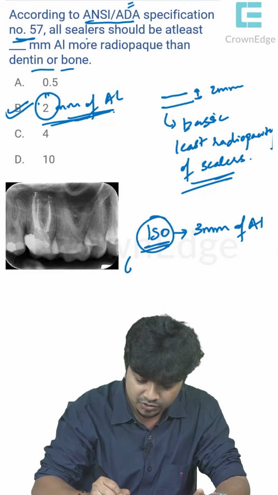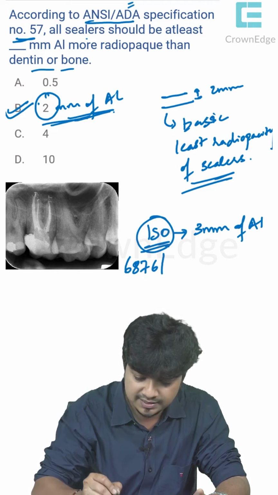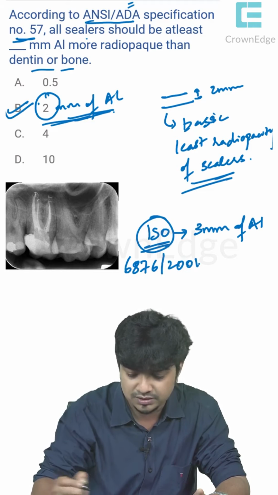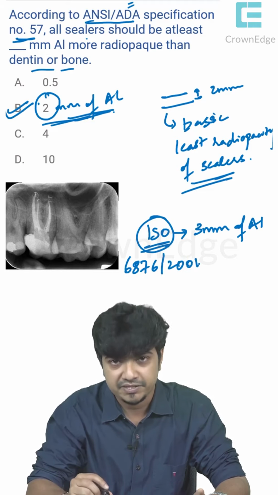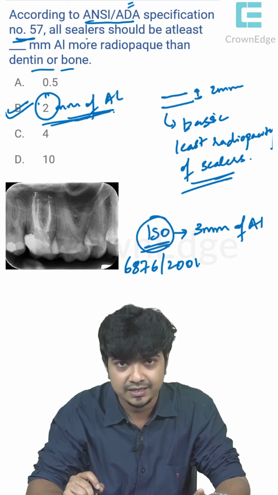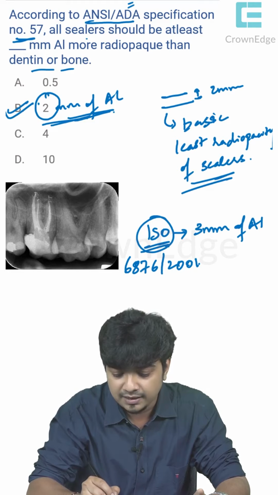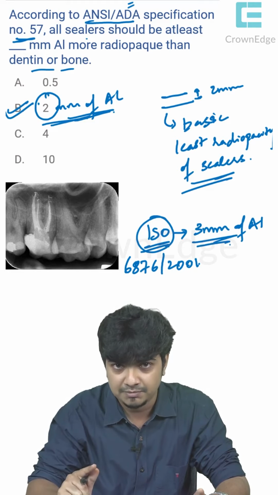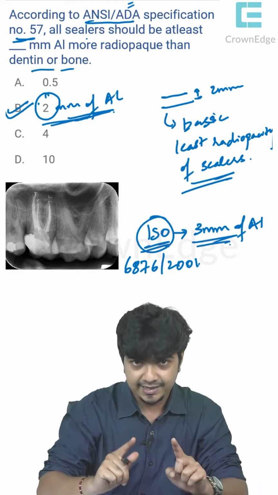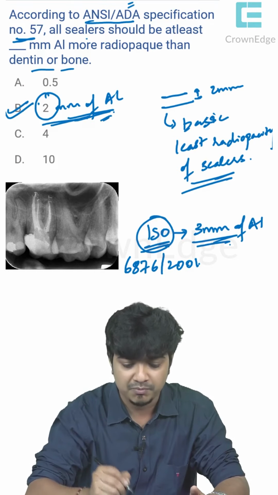The exact number of ISO specification is 6876/2001. So that is the specification number for the sealers that are used in your root canal system for the obturation. According to that, it is 3 mm of aluminium and not 2. If they ask ADA, then the answer is 2 mm of aluminium.